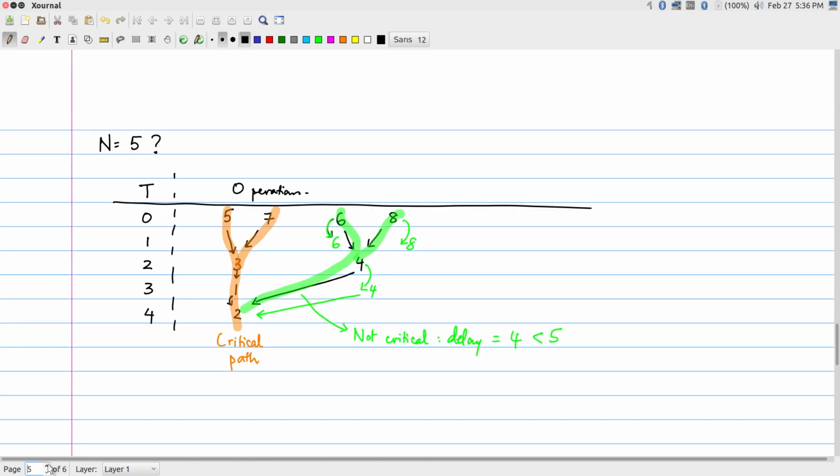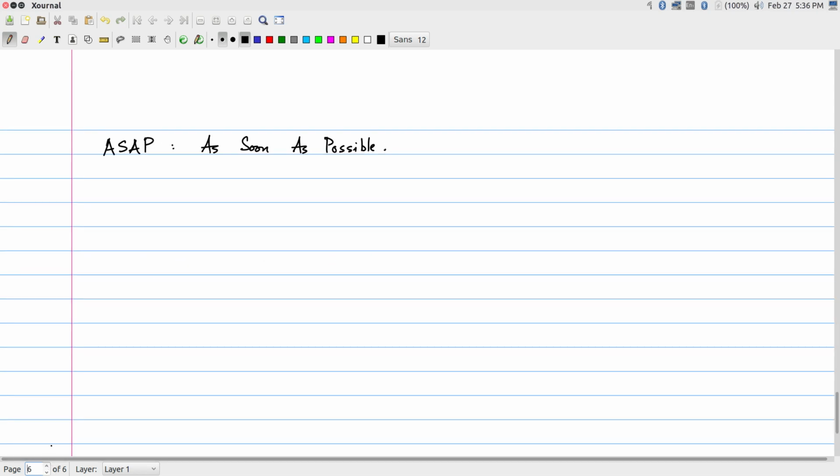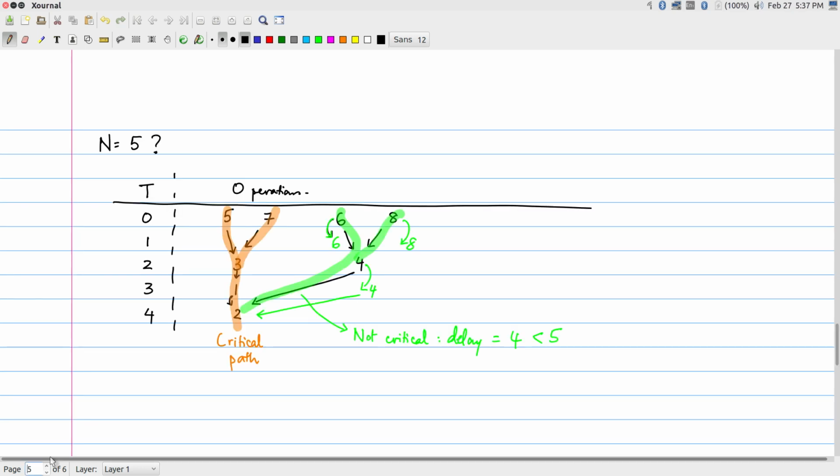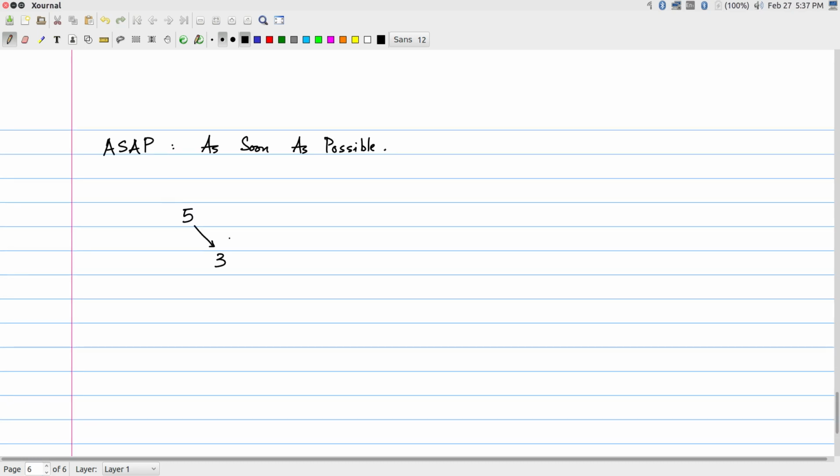Okay, and in this case the directed acyclic graph essentially looks like the set of operations that I have over here. I have 5 and 7 feeding into 3, the output of 3 feeding into 1, which in turn feeds into 2.